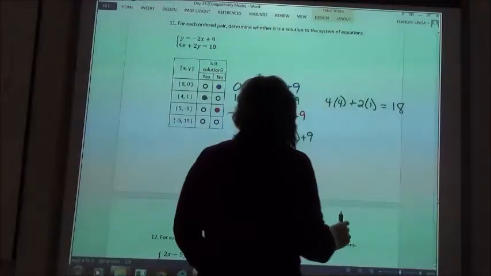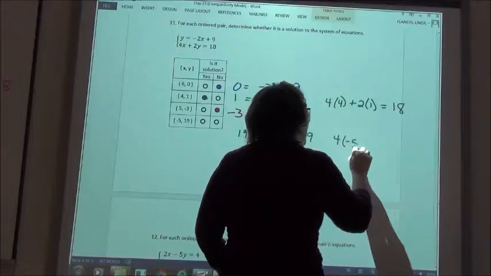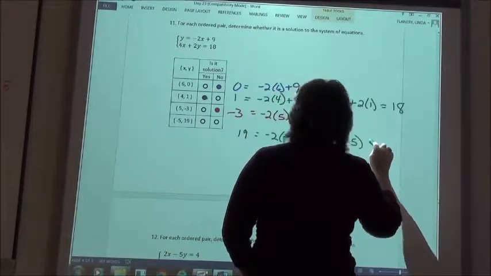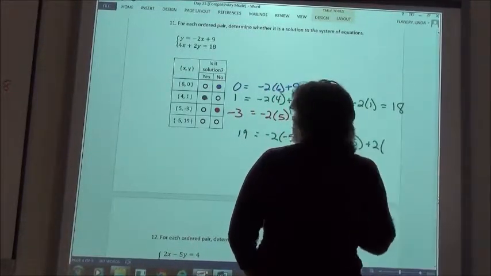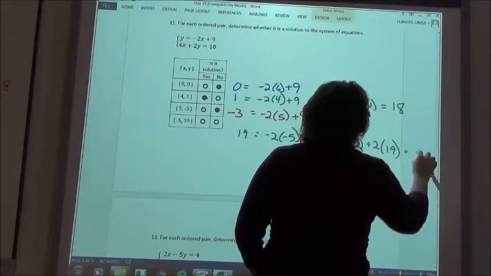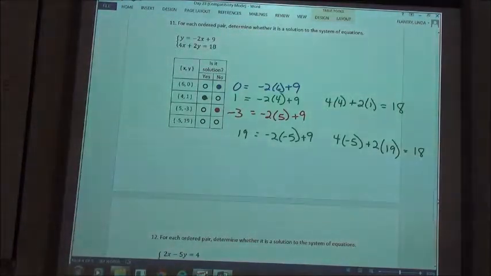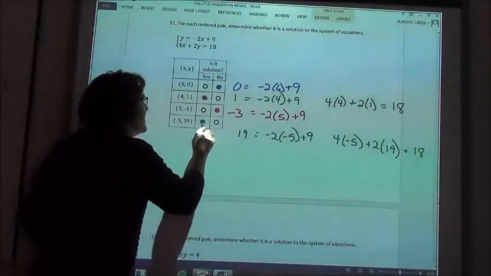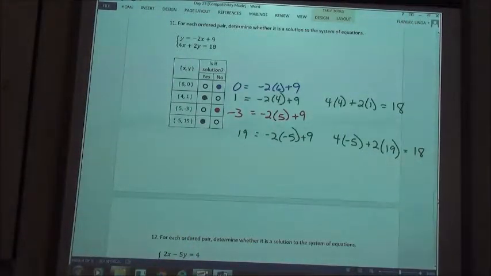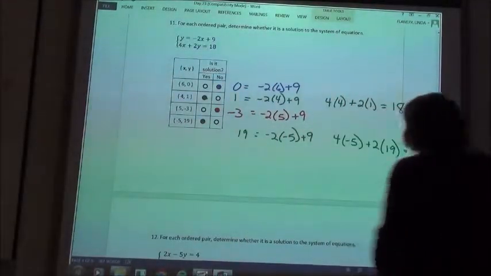So checking our second line, 4 times negative 5 plus 2 times 19. Does that equal 18 when we're done? Yes, it does. We got a yes and a yes. Hey, we got 2 yeses on that table. And one last set here.